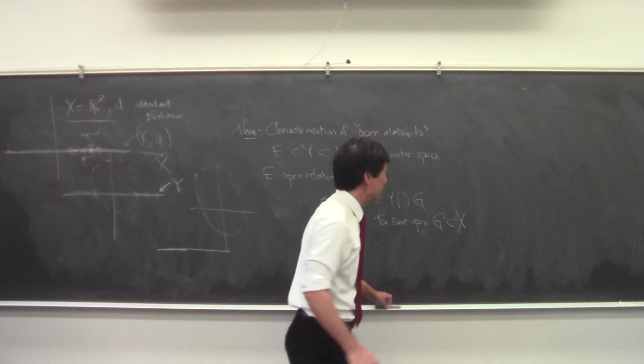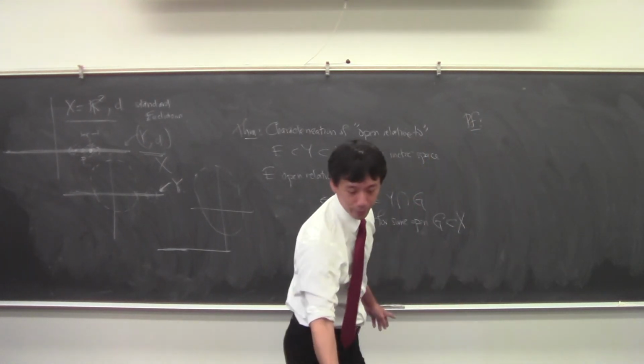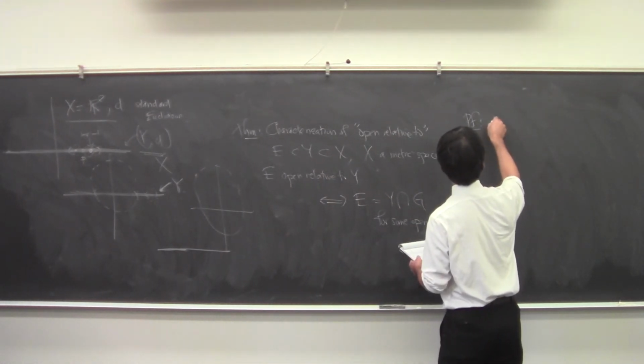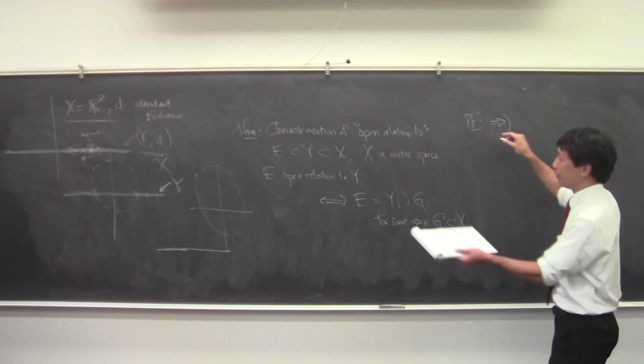Okay, so let's prove it. Let's at least do part of that proof. The proof is pretty straightforward, so I'll probably just do half of it. Let's do the first direction.